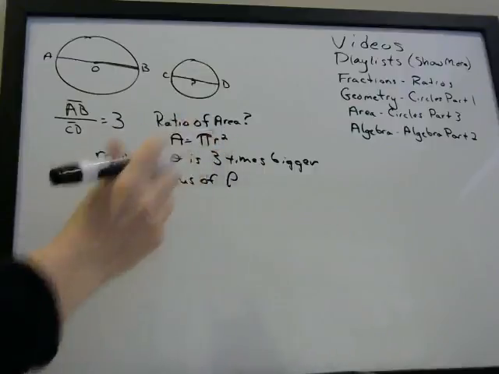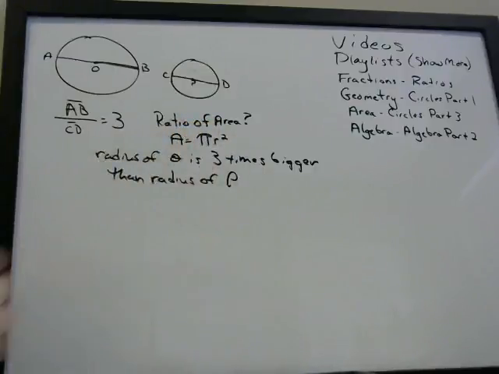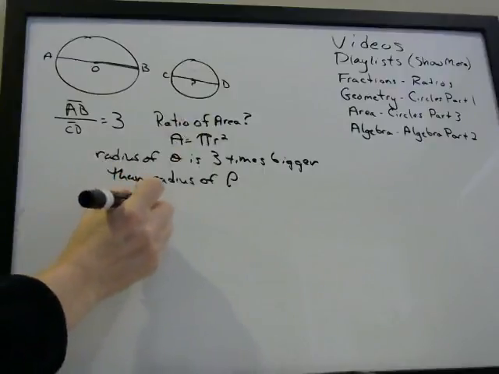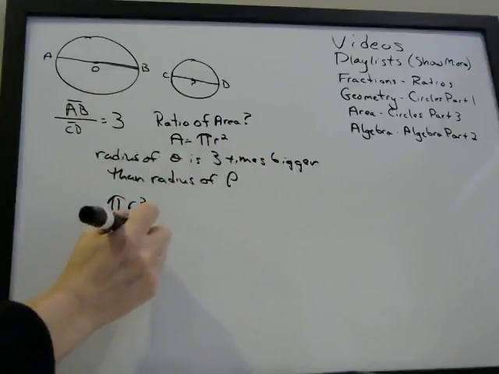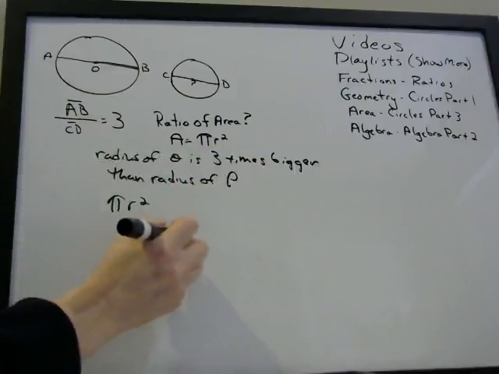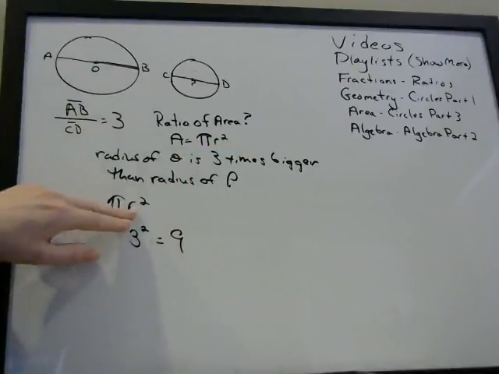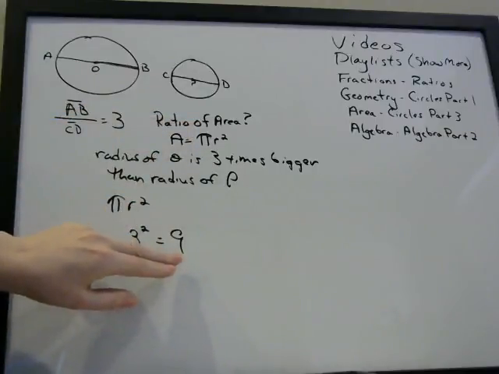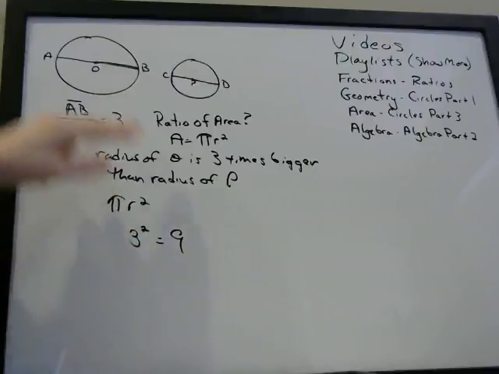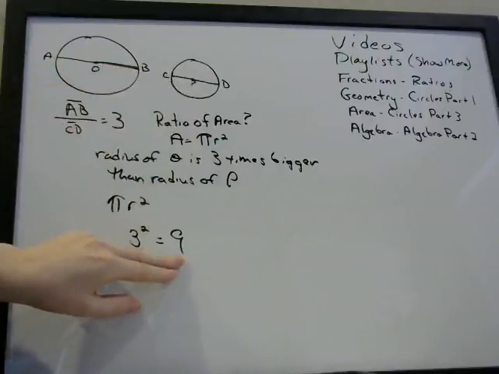Since we are squaring the radius in the area formula, pi r squared, if the radius is 3 times bigger, when you square that, you get 9. So, because we're squaring the radius in the area formula, we know that the area of the bigger circle to the smaller circle is going to be 9 times bigger.